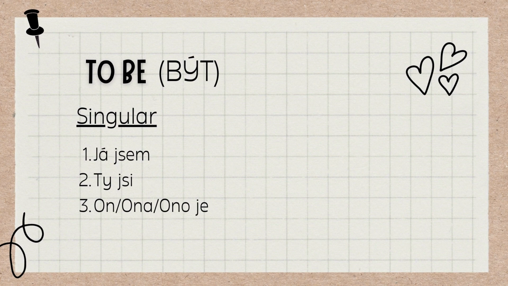The singular person goes: Já jsem, ty jsi, on je, ona je, ono je. Já jsem is I am, ty jsi is you are, and on or ona or ono je is he, she, it is.